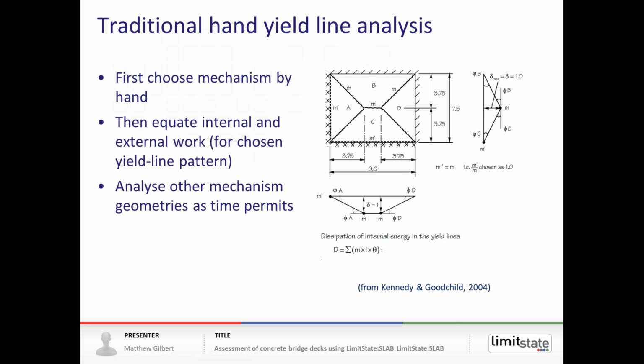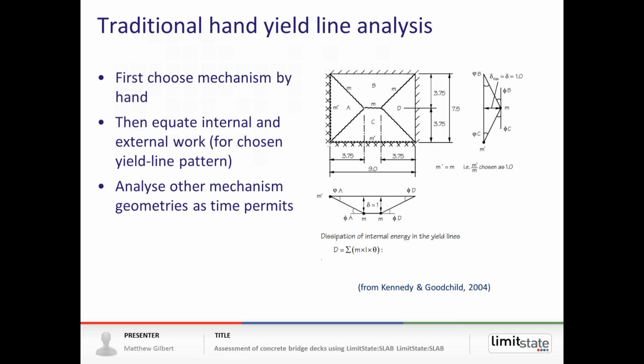What you need to do, however, is try a range of possible failure mechanisms in order to be sure that you have a safe estimate of the collapse state, or strictly speaking, that you don't drastically over predict the true load carrying capacity of your slab.